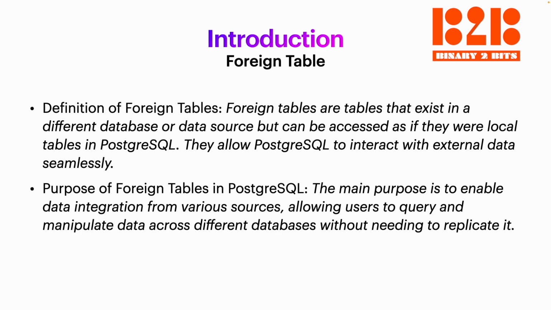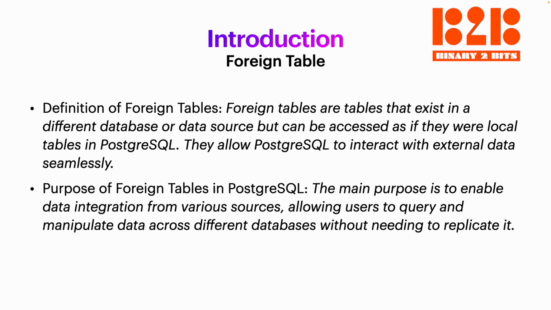Here you can see the purpose of foreign tables in PostgreSQL. The main purpose is to enable data integration from various sources, allowing users to query and manipulate data across different databases without needing to replicate it.